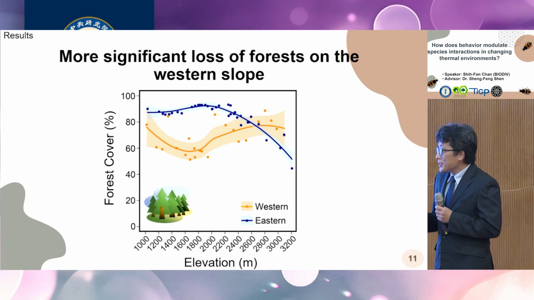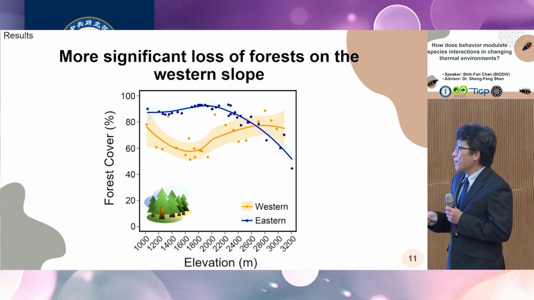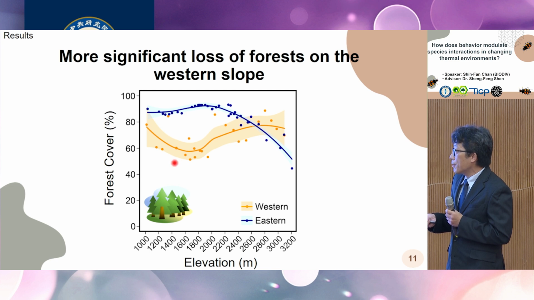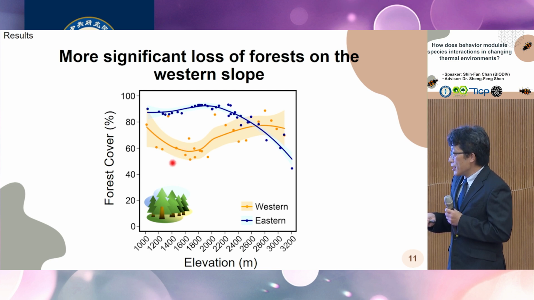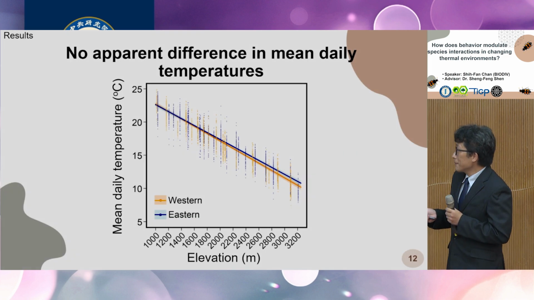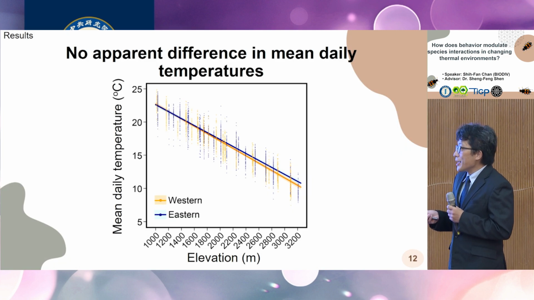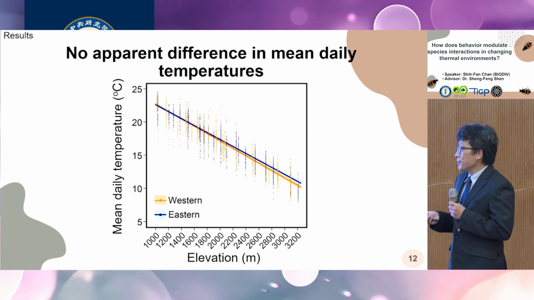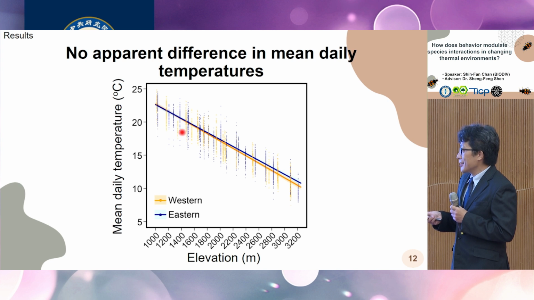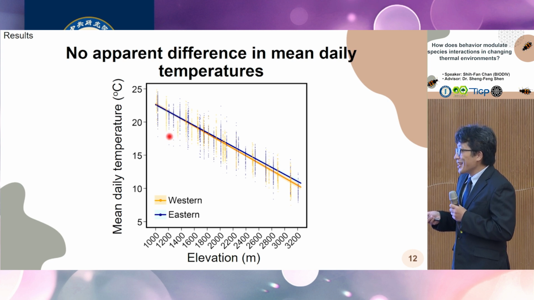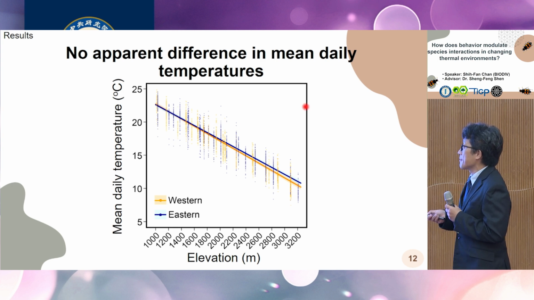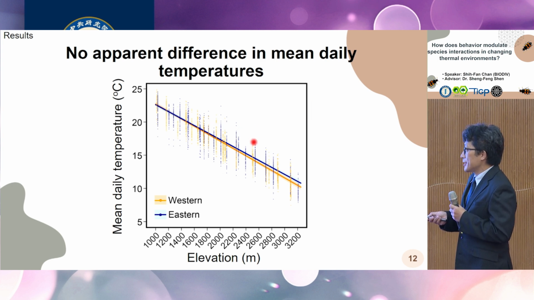Based on remote sensing data, we found that the forest cover is significantly lower on the western slope, particularly at low elevation. However, we monitored and recorded the mean daily temperature on these two slopes, and we found there is no apparent difference in mean daily temperature.